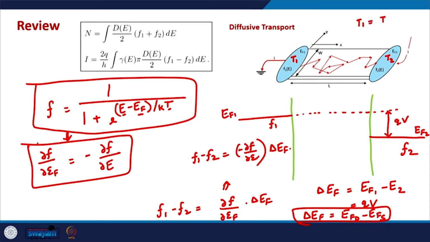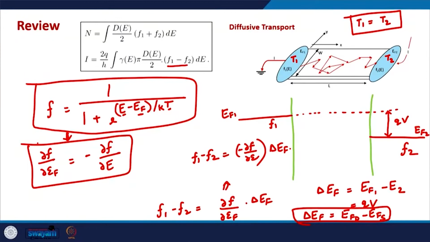So T1 is equal to T2 is assumed, because if the temperature is different, there might be a difference in the Fermi function and that might result in a current conduction. Those are known as thermal effects or thermoelectric devices, which we will also discuss once we complete this discussion of the general model of transport and then a brief of MOSFET devices. Okay, so this is all what we have.